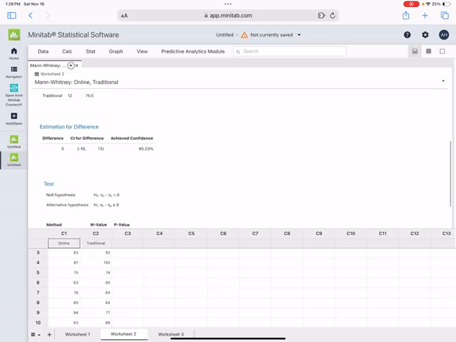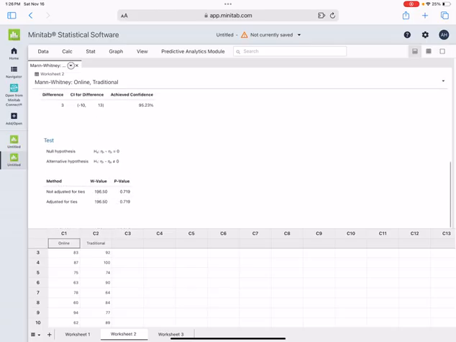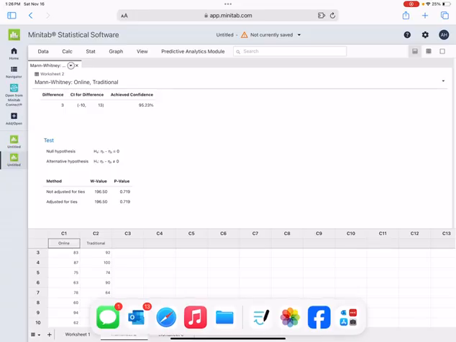And so you see here we have our confidence interval, and so on. They have this whole not adjusted for ties; adjusted for ties doesn't make a difference. See that p-value, 0.719? Goodness gracious.